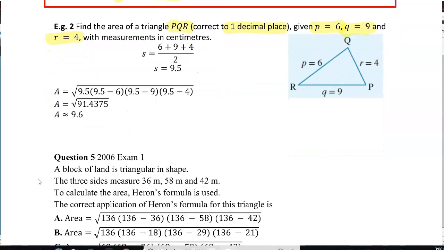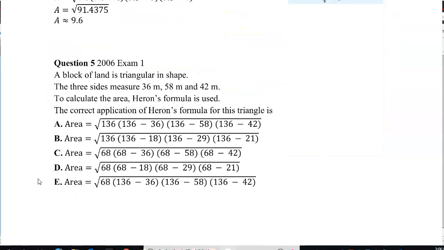So going back to 2006, exam 1, now this is question 5. So that's sort of middle of the range type of difficulty. A block of land is triangular in shape. The three sides measure 36, 58 and 42 metres. To calculate the area, Heron's formula is used.